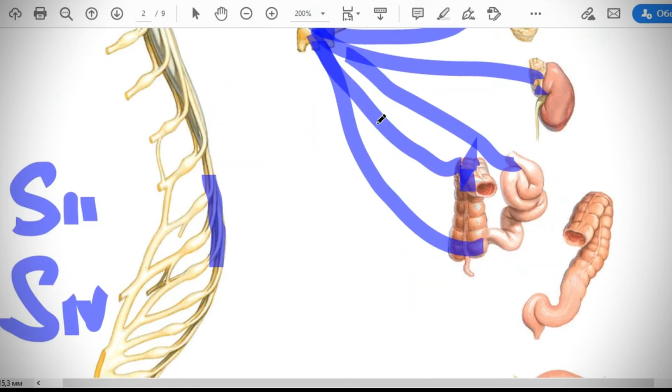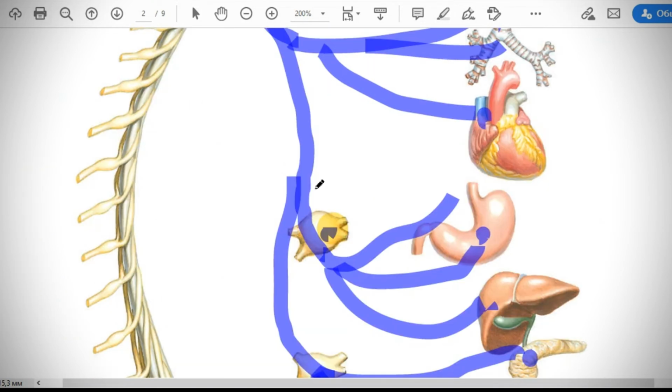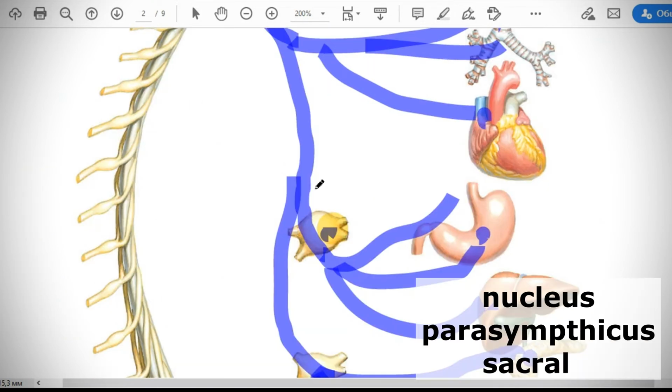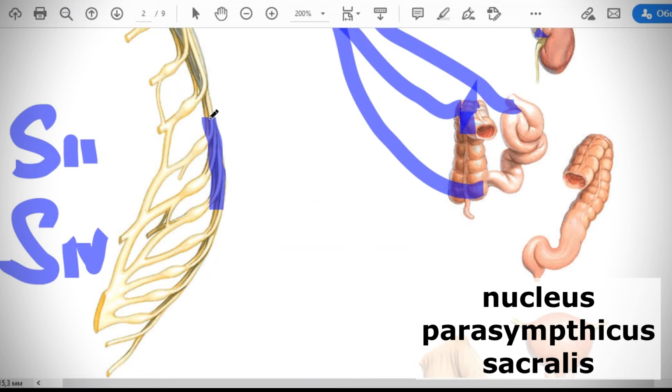And the last one is the sacral nucleus. This nucleus parasympathicus sacralis, in nucleus intermedialis in gray matter, consists of these preganglionic cells. These fibers exit your spinal cord within the anterior root, radix anterior.